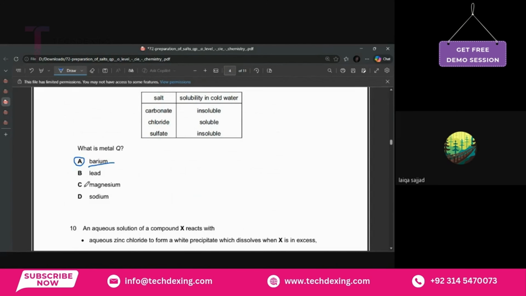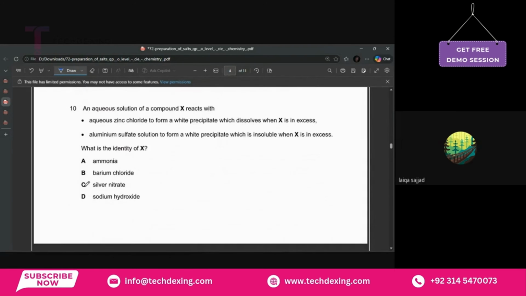And what about sodium? Sodium carbonate is soluble. Yes. The chloride is also soluble. What about sulfate? Sulfate is also soluble. Yes, all common sodium salts are soluble.